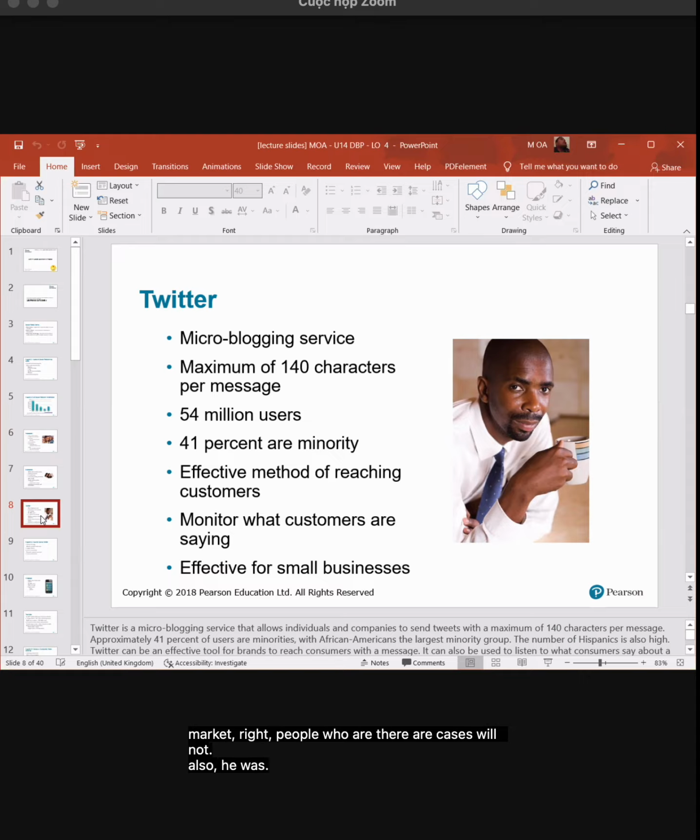Also, it was very interesting for small businesses to use Twitter because they could get responses very quickly. Then for companies, it is a very good tool to monitor what people are thinking and feeling about your products. There are specialized tools to download 1 or 2 million messages at the same time, and then you can analyze them using different forms or algorithms.